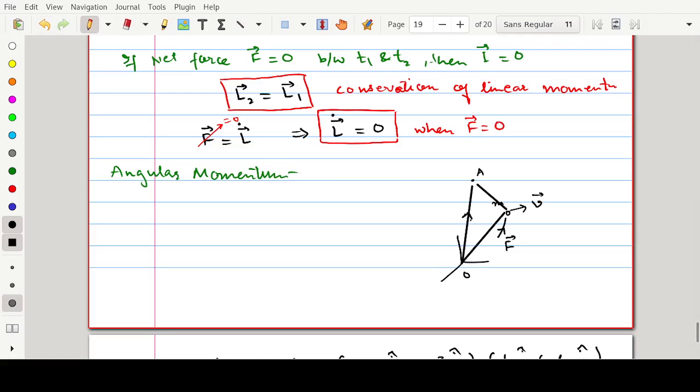This is the position of the reference point RA, this is the position of the particle, and this is the position of the particle with respect to A. So this is R minus RA, the relative position of the particle with respect to A.